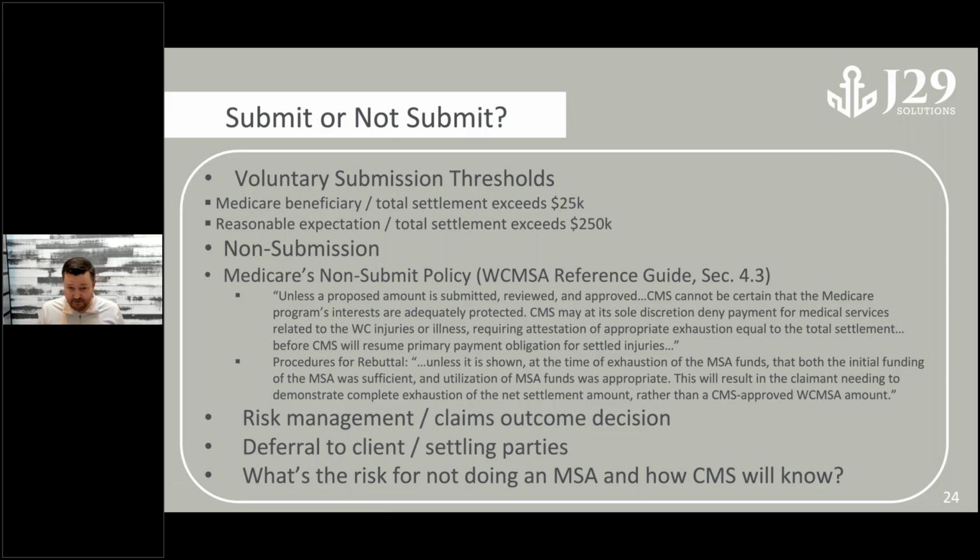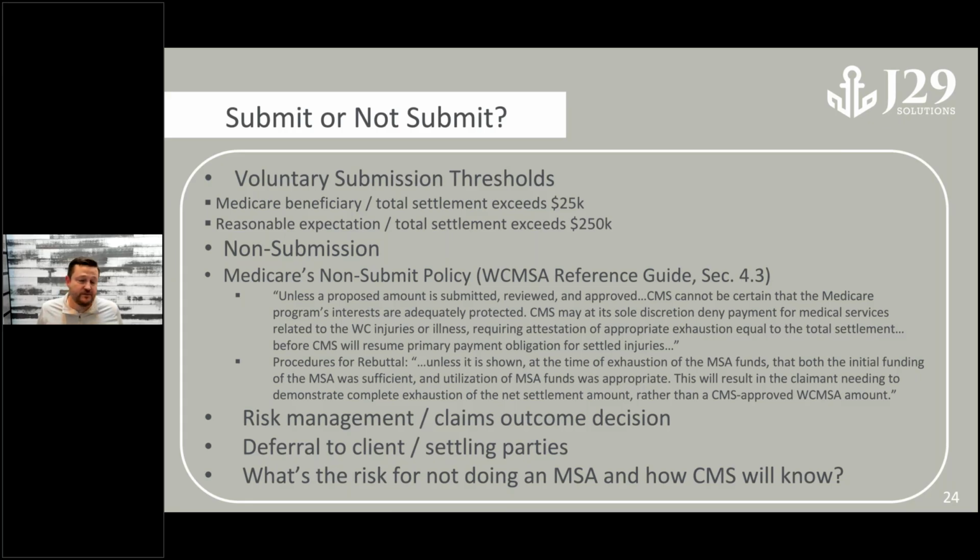So there's some subjectivity there to that last one. And again, the total settlement amount exceeds $250,000, inclusive of the MSA amount. Those are the voluntary review thresholds, and parties are free to utilize those to submit Medicare set-asides, assuming they're willing to abide by CMS's guidelines.